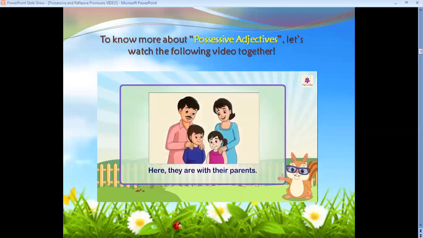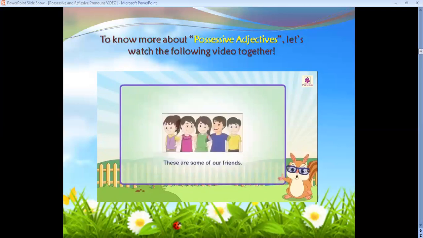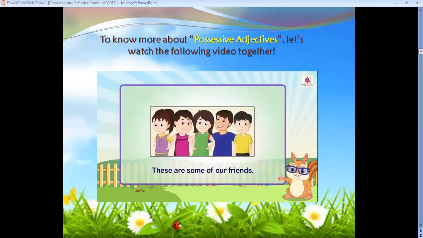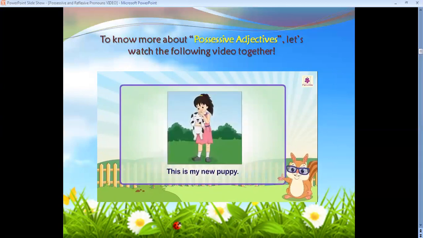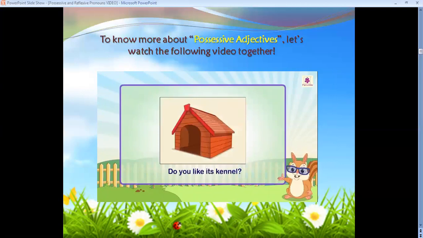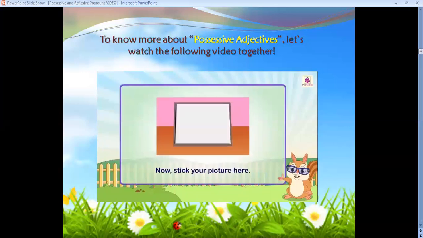Here they are with their parents. These are some of our friends. This is my new puppy. Do you like its kennel? Now stick your picture here.